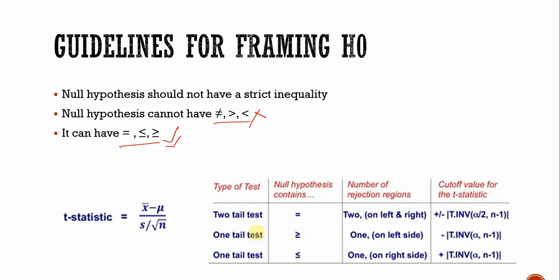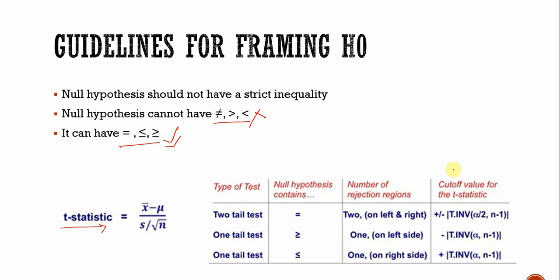And below this slide we have, for different types of tests, what your null hypothesis contains, the number of rejection regions, and the cutoff value, how it will be calculated. The T-statistic value will be calculated using this formula.